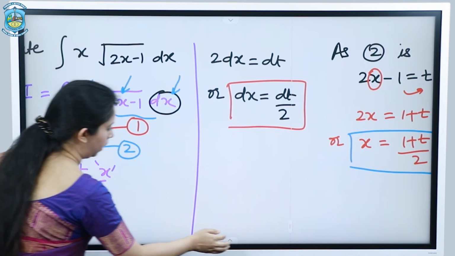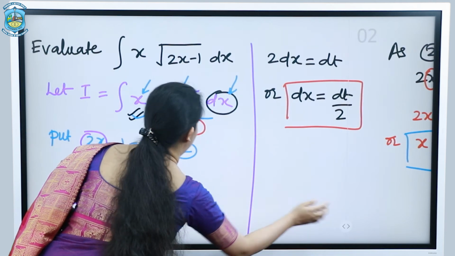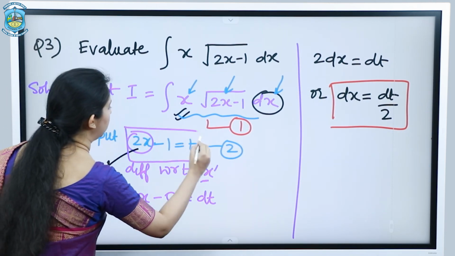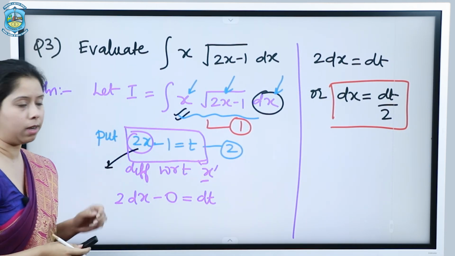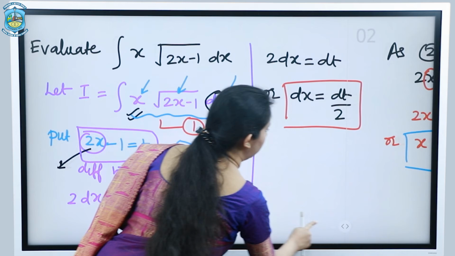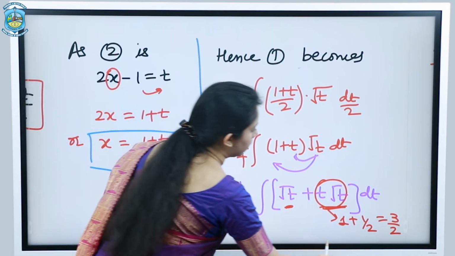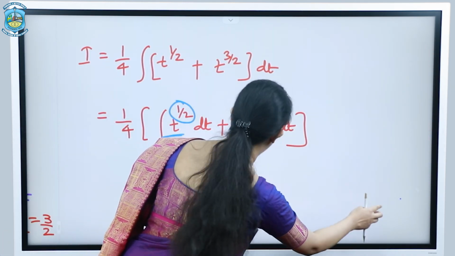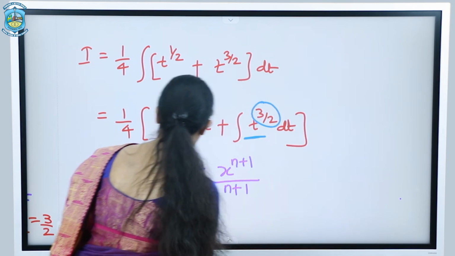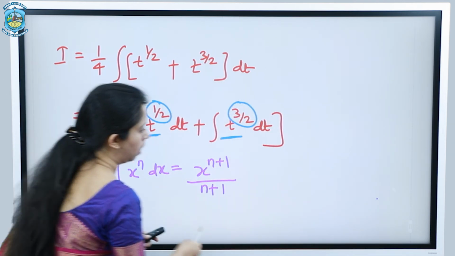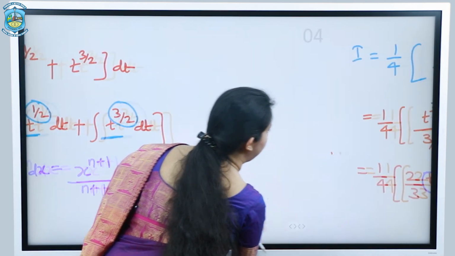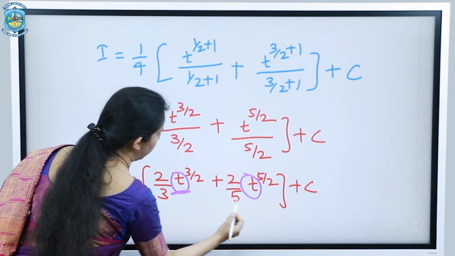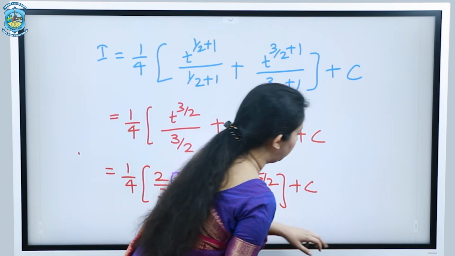This is the value of t. So t is 2x minus 1. So in the final step, we will replace this t with 2x minus 1 for both the terms.